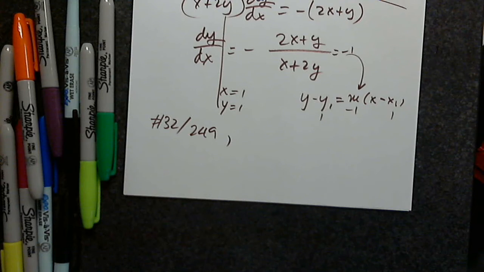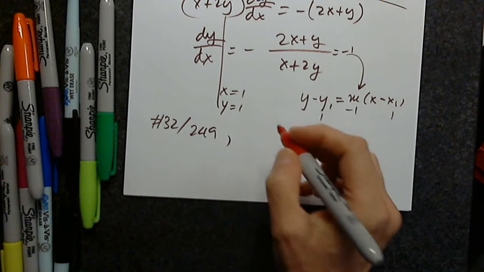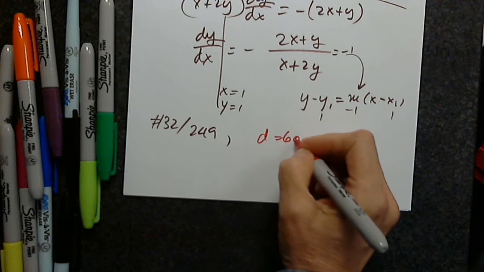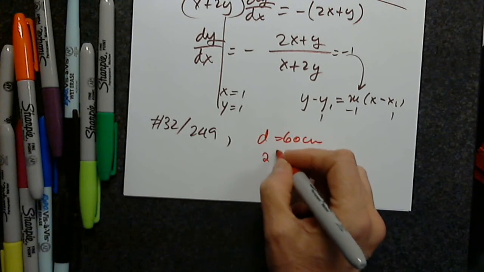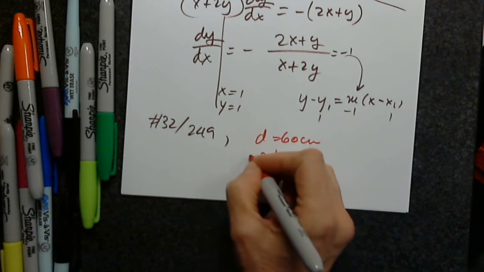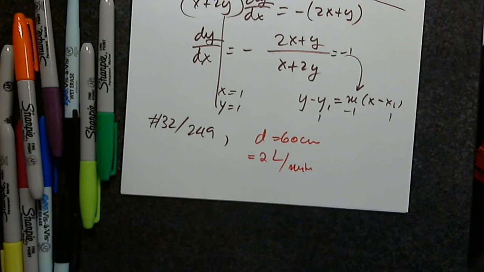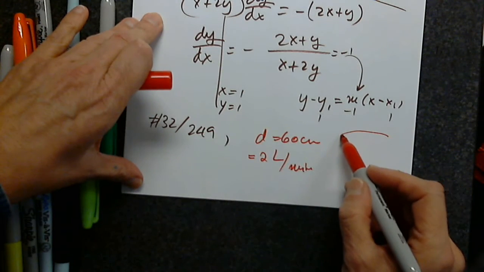So let's see. It is filling a hemispheric basin of diameter 60 centimeters with water at a rate of 2 liters per minute. Okay, so the diameter is 60 centimeters, and we are filling it with water. So it's something like this.